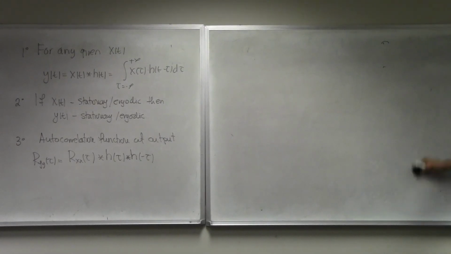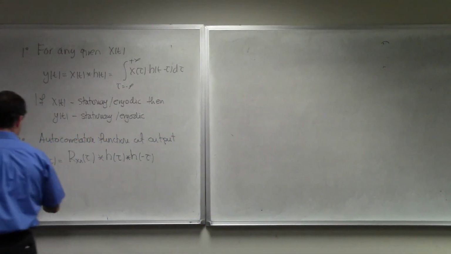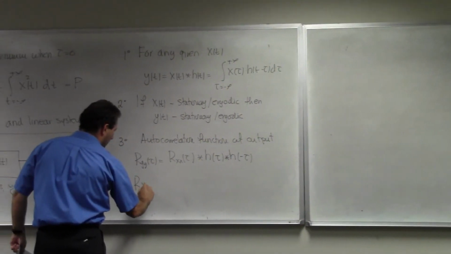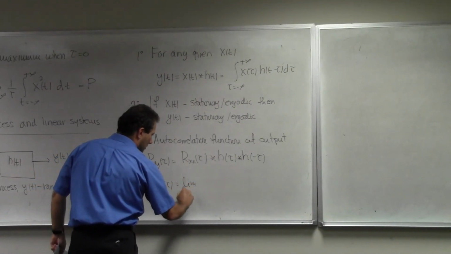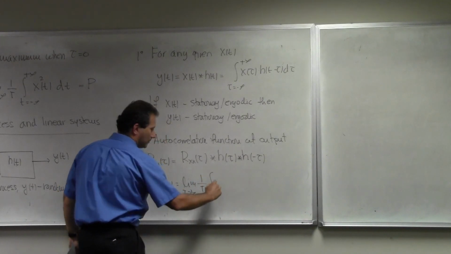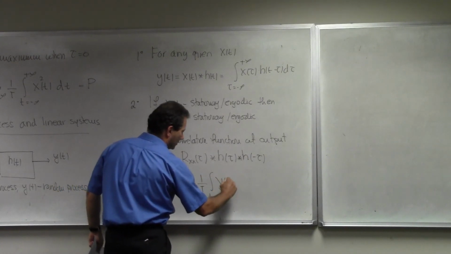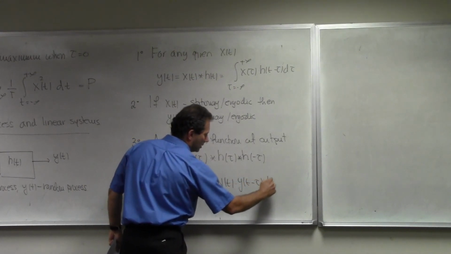So let me just sketch how you would do it. This one is easy to prove. You would say, what is my RYY of tau? Well, this is the limit when t goes to infinity, 1 over t integral over t, y of t, y of t minus tau dt.